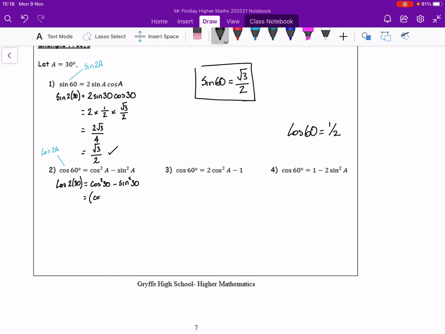Rewrite that as cos 30 squared minus sin 30 squared, a wee bit easier to calculate in that format. Cos 30 is root 3 over 2, squared, minus a half squared. Root 3 times root 3 is 3, over 4, minus 1 over 4, which is equal to a half, which is what we expected.